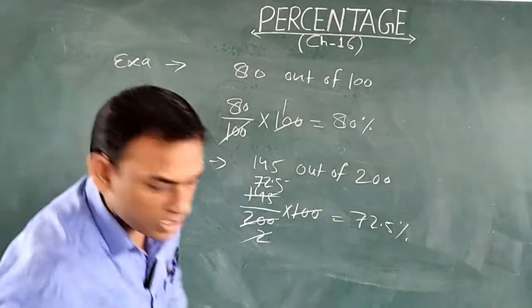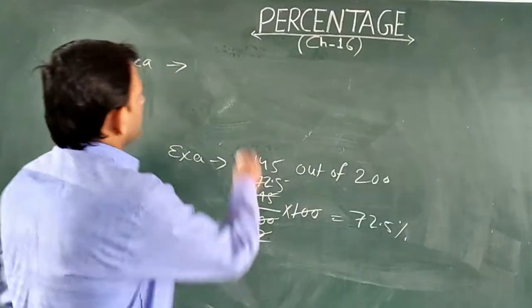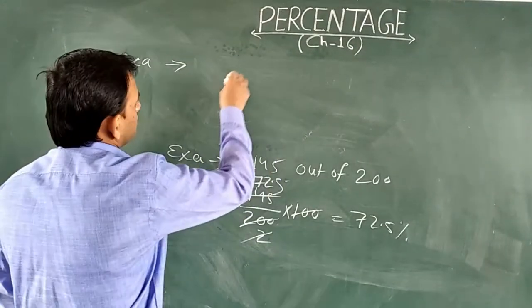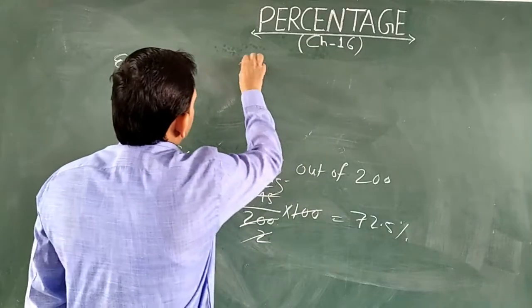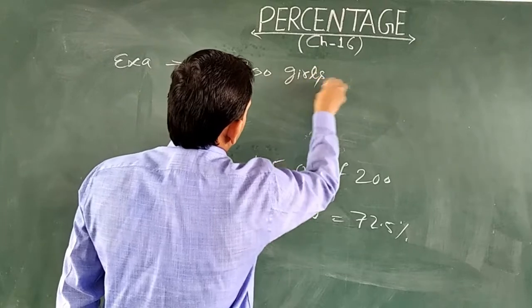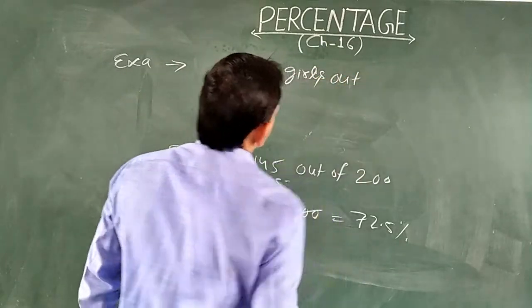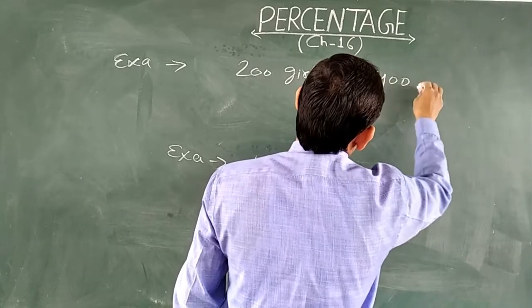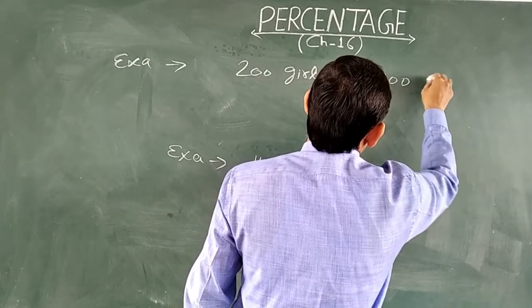One more example I am telling you. In a class, there are 200 girls out of 400 students.